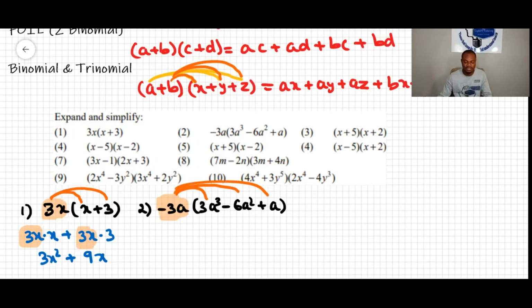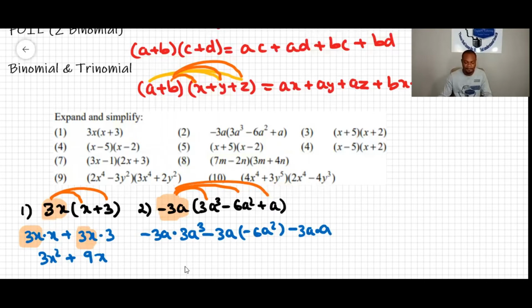So this is negative 3a times 3a cubed. I'm just going to use the dots for times. Now we have negative 3a again, times, because of the sign, I want to use brackets, negative 6a squared, and then negative 3a times a.